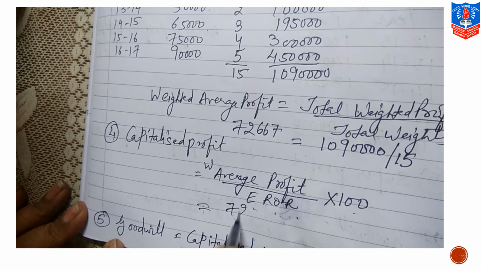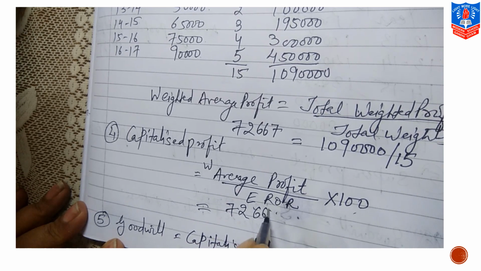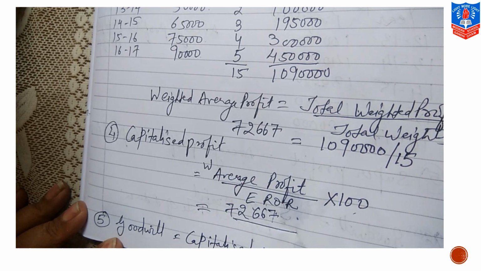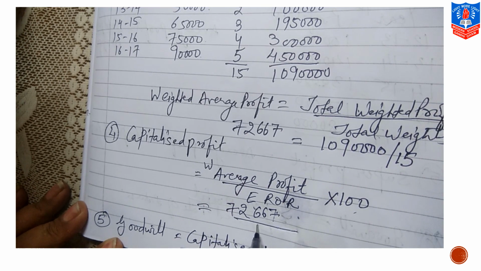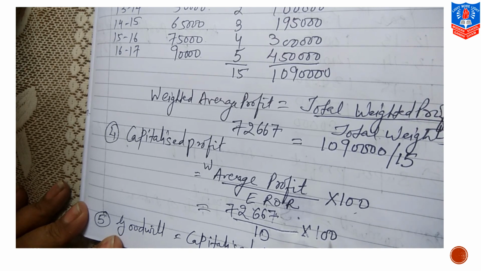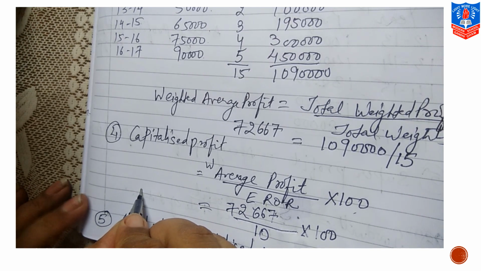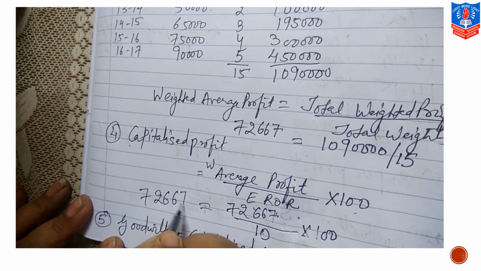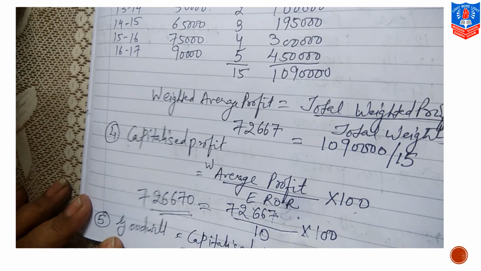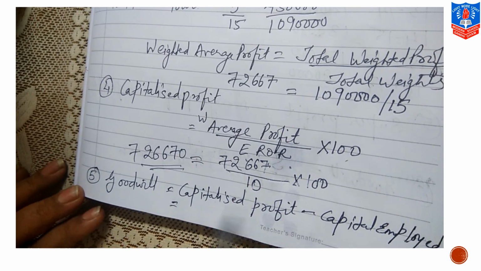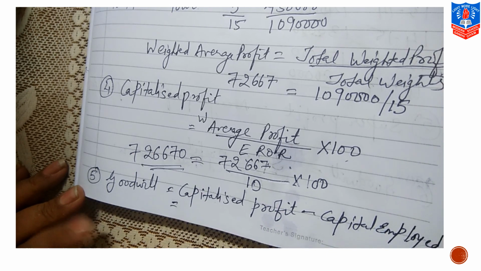that is 72,667 divided by the expected rate of return, which is given to you in the question, that is 10%, upon 10 into 100, gives you capitalized profit of 7,26,670. So simple. Now last step to find out goodwill: capitalized profit minus capital employed.